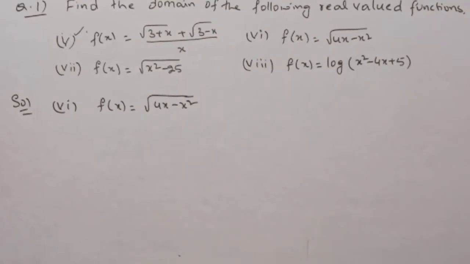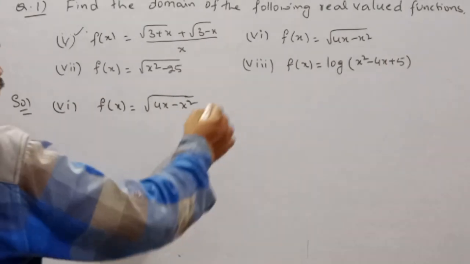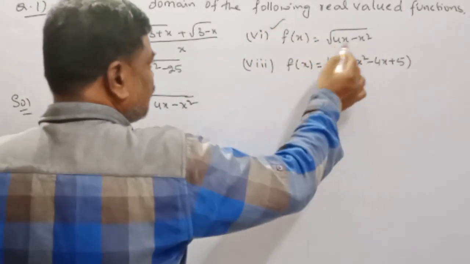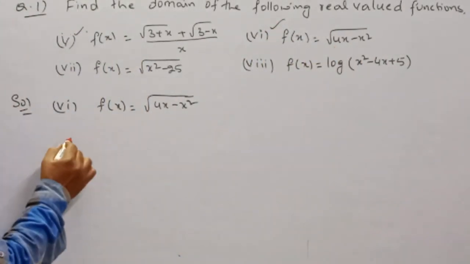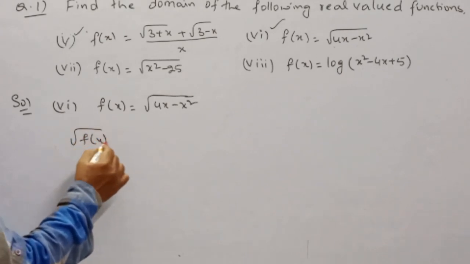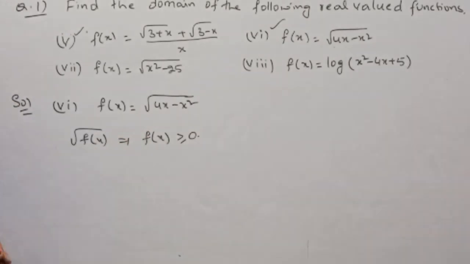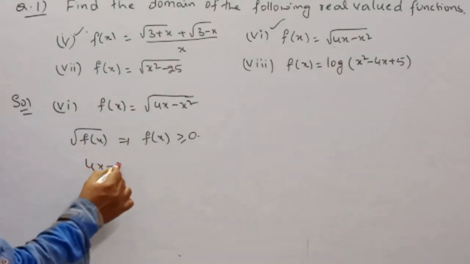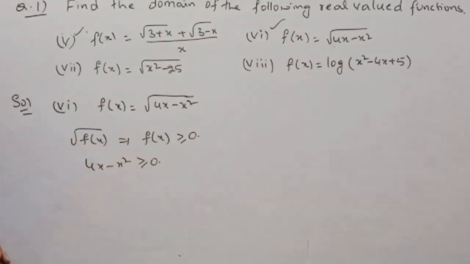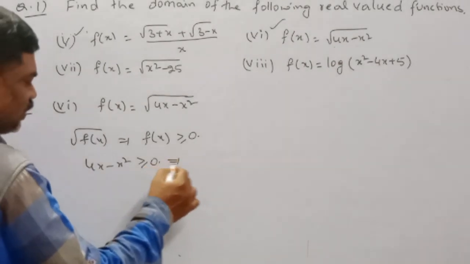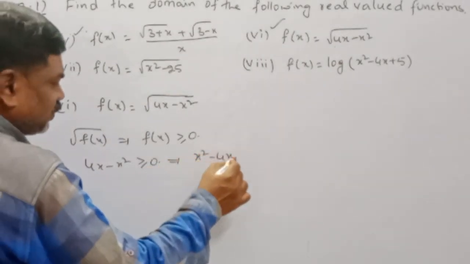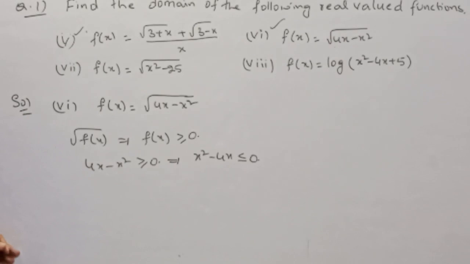Here, the next problem: f of x is equal to root over 4x minus x square. Here the root of f of x is there, which implies f of x greater than or equal to 0. So 4x minus x square greater than or equal to 0 implies x square minus 4x less than or equal to 0.